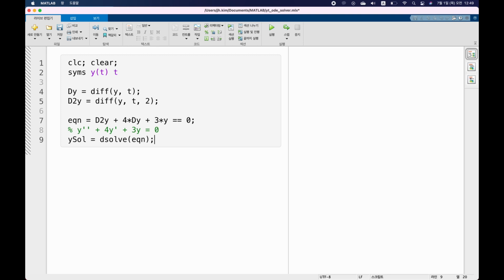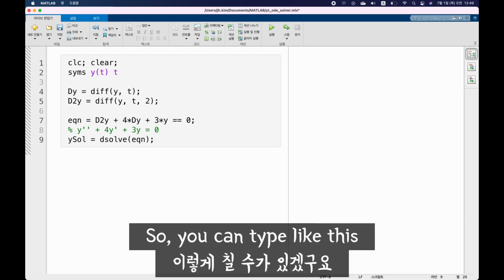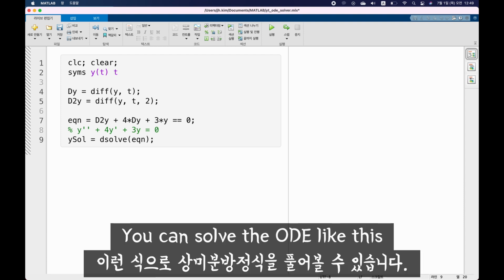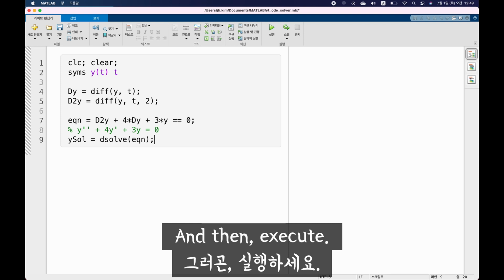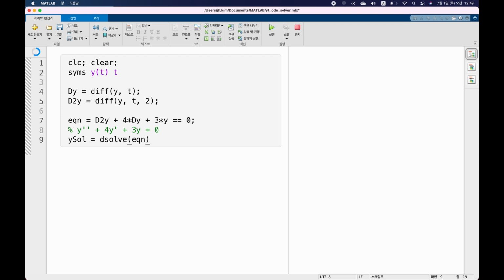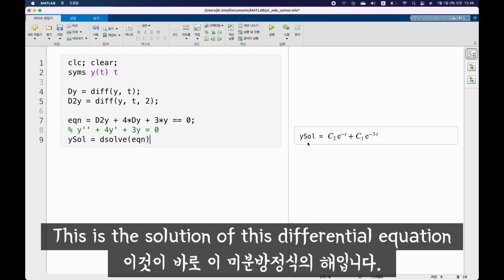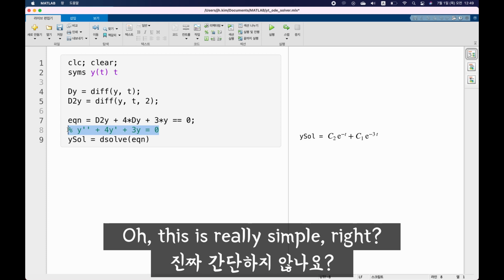So you can tell it like this, and you can solve the ODE like this. Okay, and then execute. Oh, I'm sorry. So here, execute. So this is the solution of this differential equation. Oh, this is really simple, right?